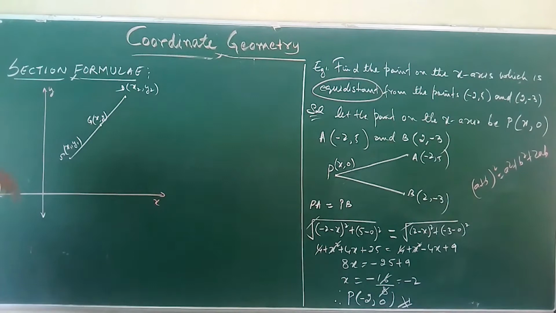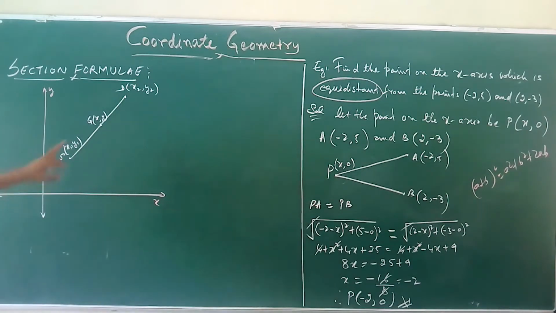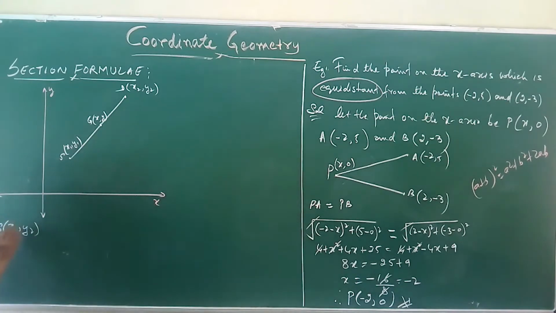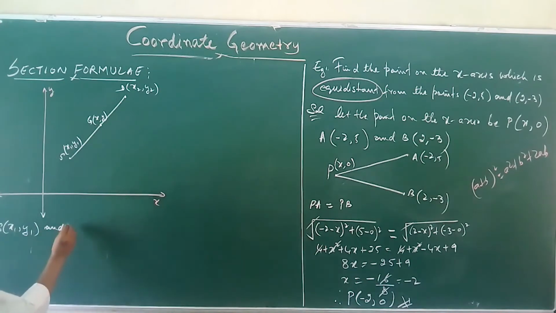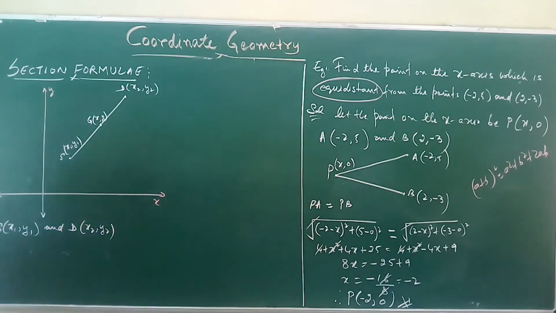Let's see the two given points are S and D. Let's say S is the point x1, y1 and D is x2, y2.